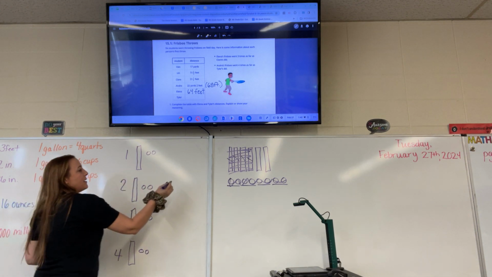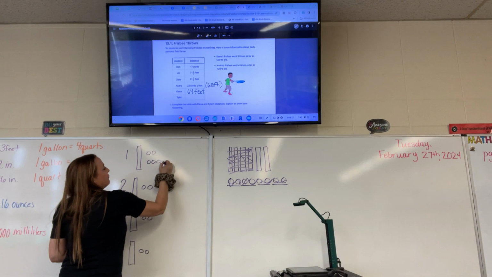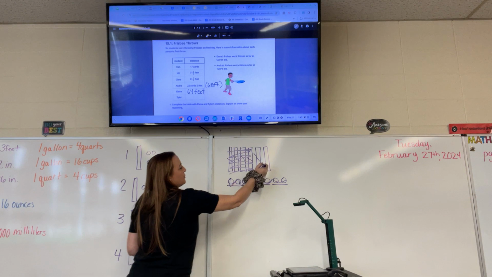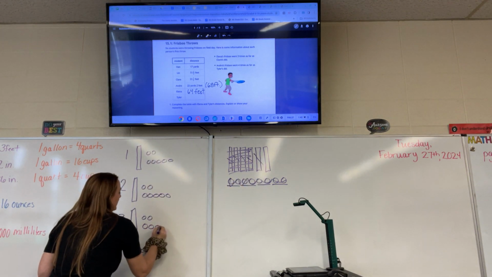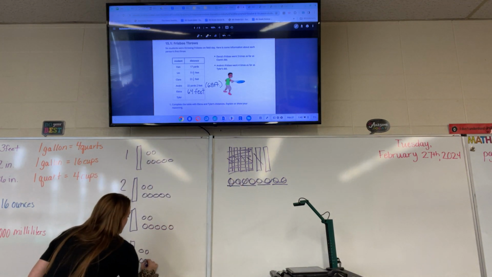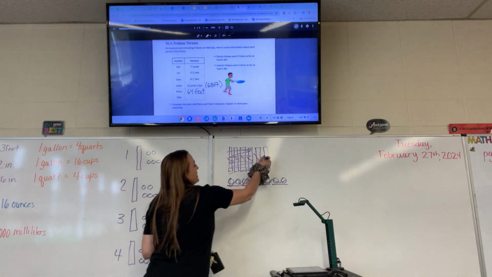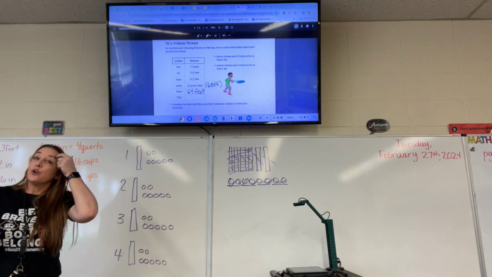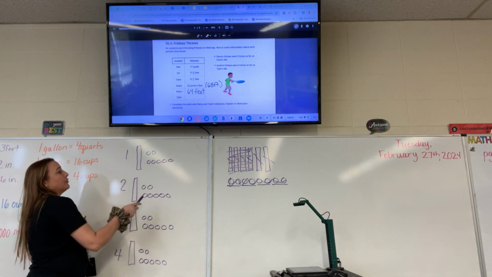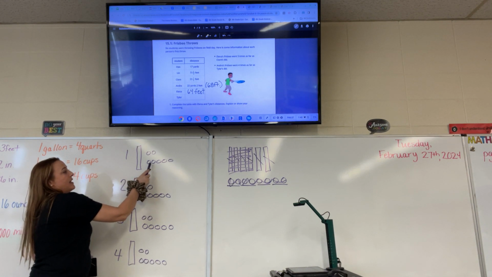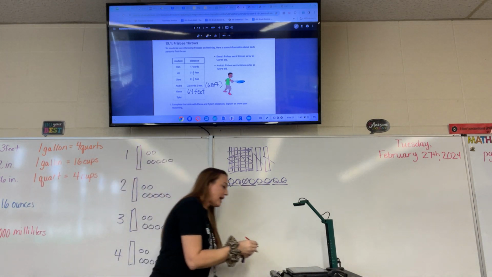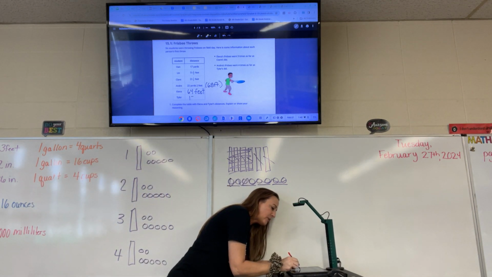So I'm going to put 1, 2, 3, 4, 5 in each group, and that gets rid of this one. Okay, so we've split 68 into 4 groups. How much do we have in each group? 10, 11, 12, 13, 14, 15, 16, 17. So that means that Tyler's first throw was 17 feet.